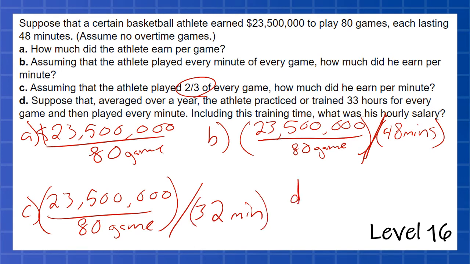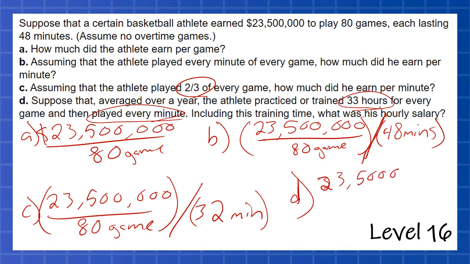Now, the last part is that the athlete will say, no, you can't just say for the minutes I was there, because I worked for every game. And let's say that on average, they practiced for 33 hours and played every minute. What would their hourly salary be? Okay, so we're going to work this out here. How many total hours did they work? Well, for each game, let's factor this down to hourly salary.